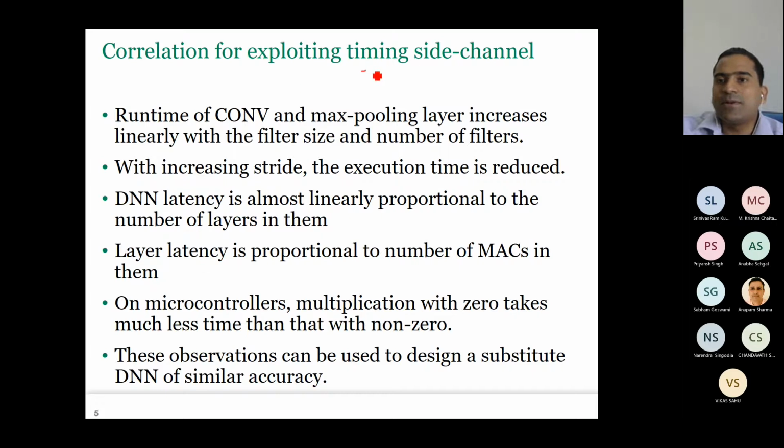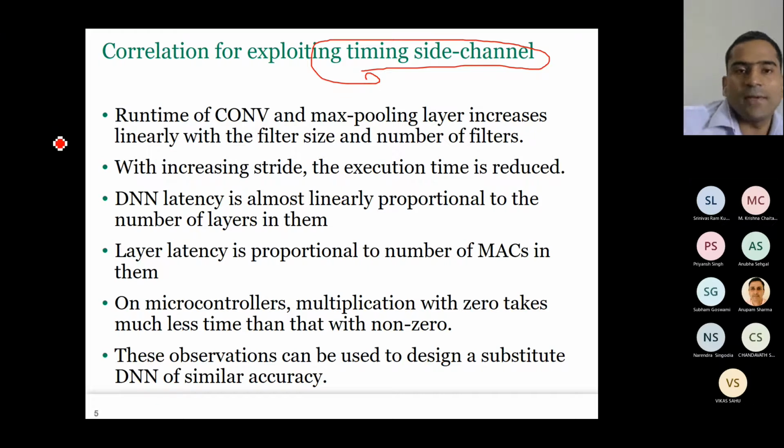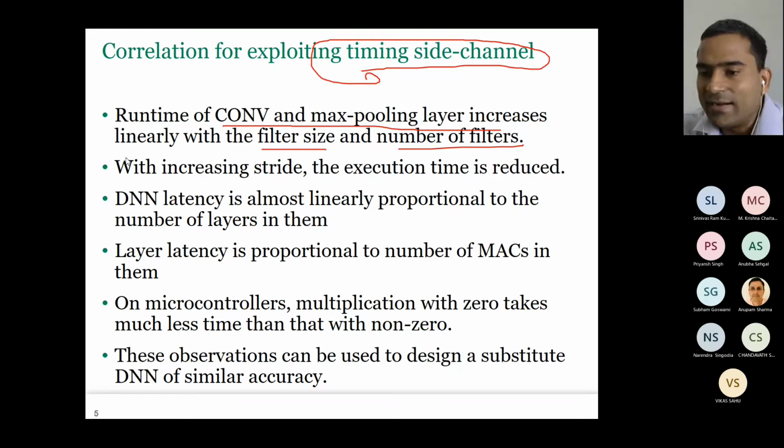Now let us see some more timing side channels. If you have more filters and a larger filter size, the runtime of convolution will also increase linearly. This is understandable: if you have more filters, you need to do more computations for each filter. That's why the runtime of convolution and max pooling layers increases linearly with the filter size and the number of filters.